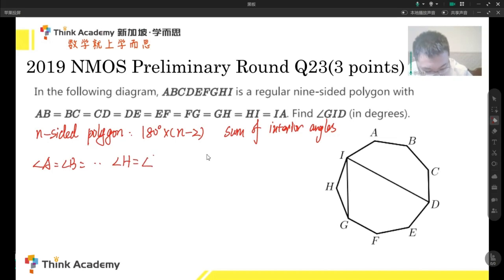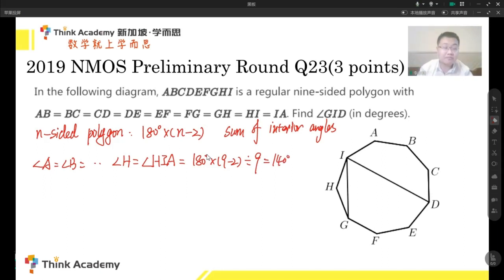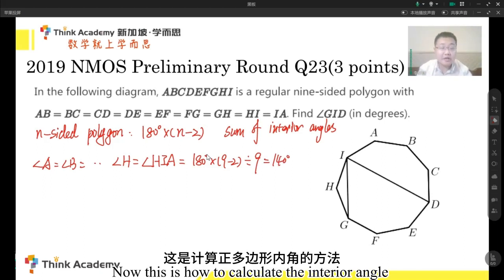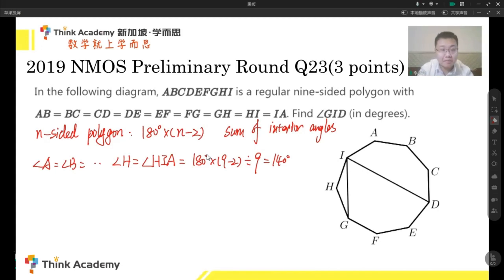For I, we should use HIA to be specific. It will equal the sum of interior angles divided by 9, which is 140 degrees. This is how to calculate the interior angle of a regular polygon.